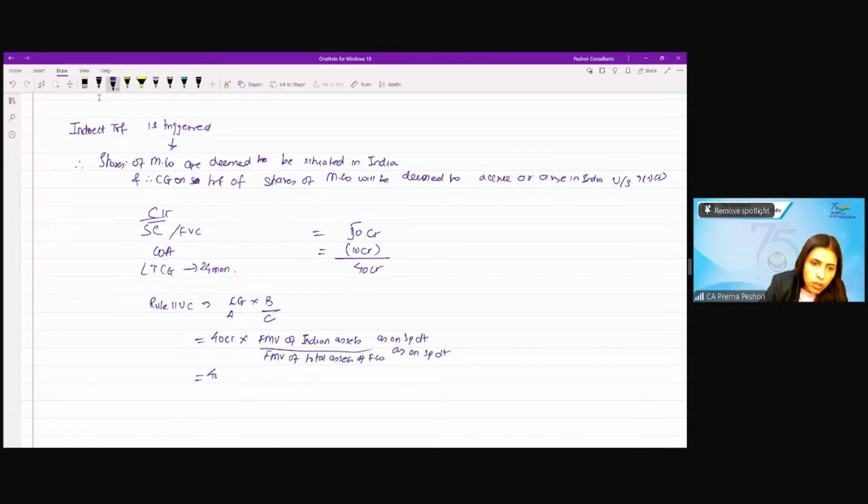So this will be 40 crore into 40 divided by 50. Right? So this will be how much? 40 crore into 40 divided by 50.